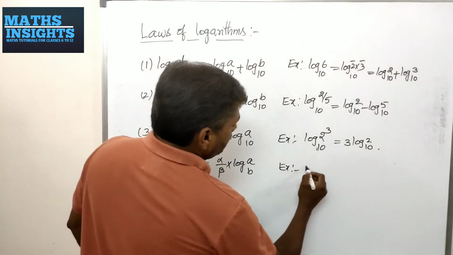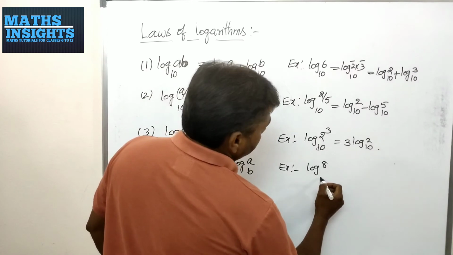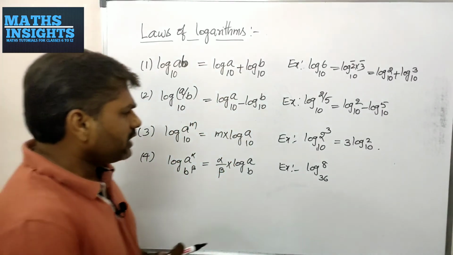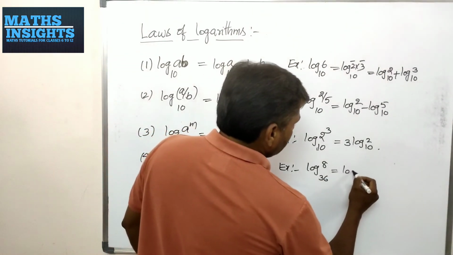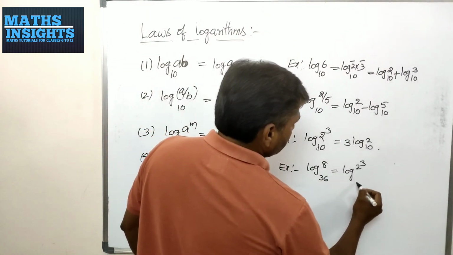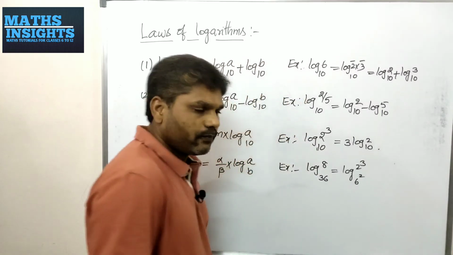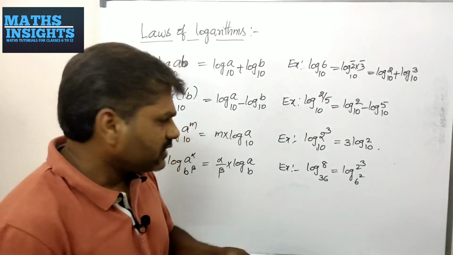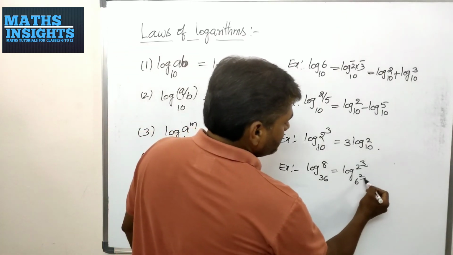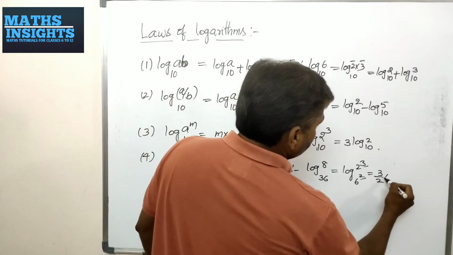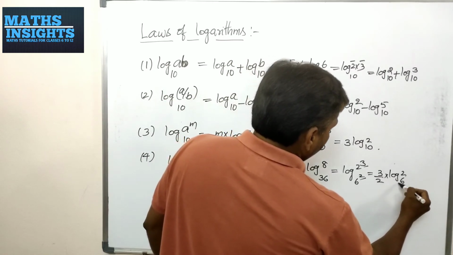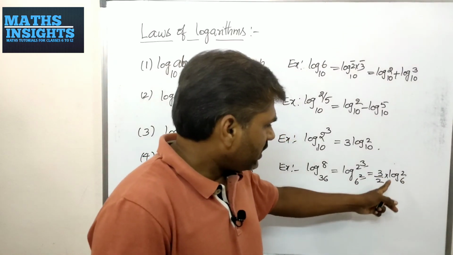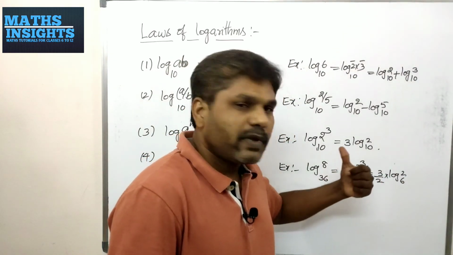Log 8 base 36, suppose. Then I will write it as log 2 cube, base 6 square, since 2 cube is 8 and 36 can be written as 6 square. Therefore this is alpha and this is beta, that is 3 by 2 into log 2 base 6. If you know log 2 base 6, then you can multiply with 3 by 2 and you will get the answer.